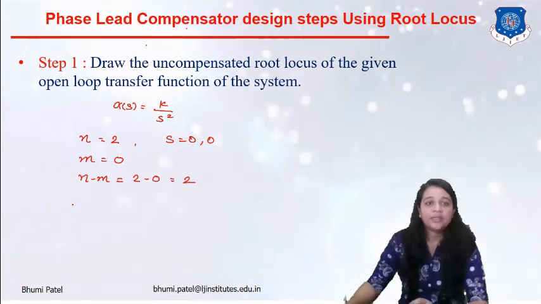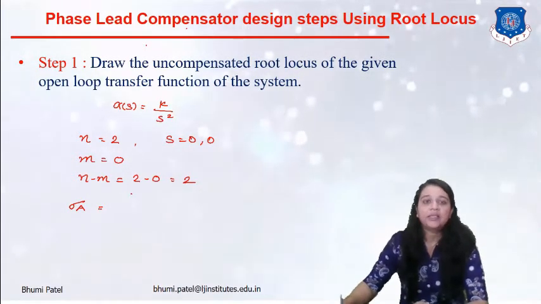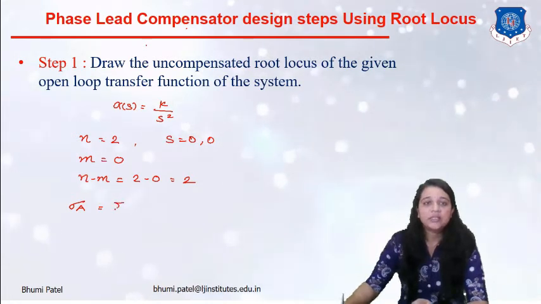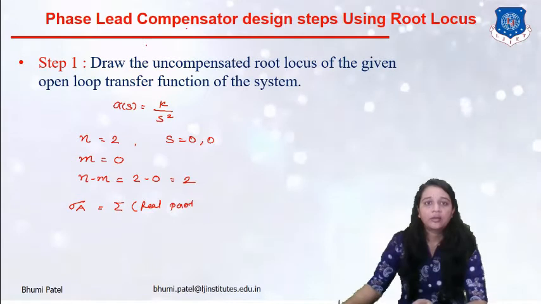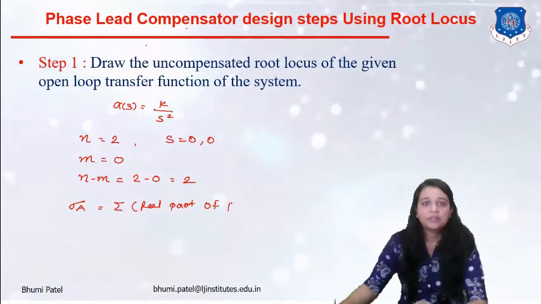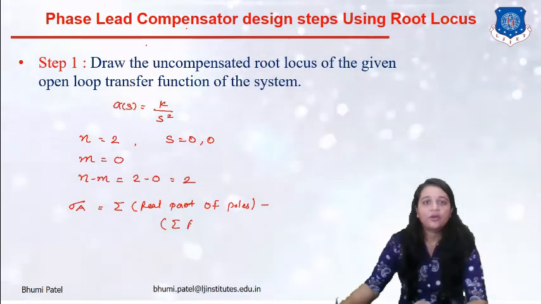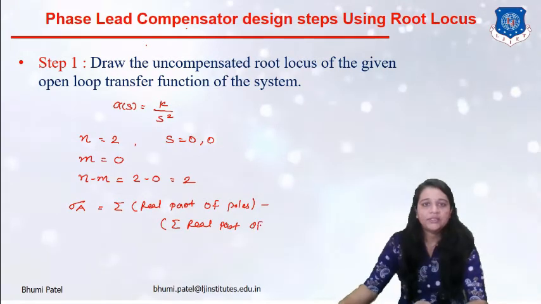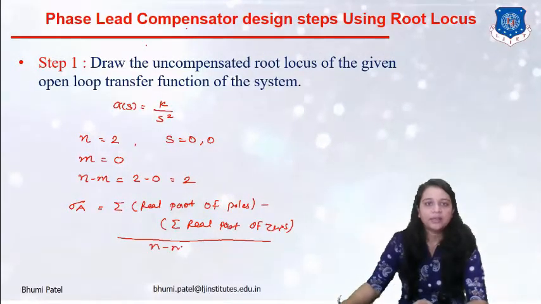Now the next step is to find the centroid of the system. The equation of the centroid is the summation of the real parts of the poles minus the summation of the real parts of the zeros, divided by n minus m.